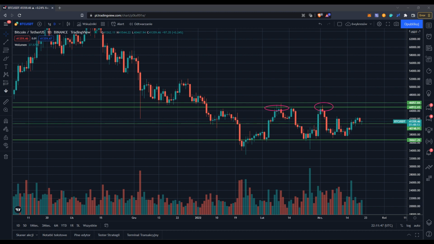Okay, so what we know for now: lower and upper shadows are working great as long as you know where you are. Okay, so let's switch lower. Let's have a look at what we have on a smaller time frame compared to these green lines we have here, here, here, and here.